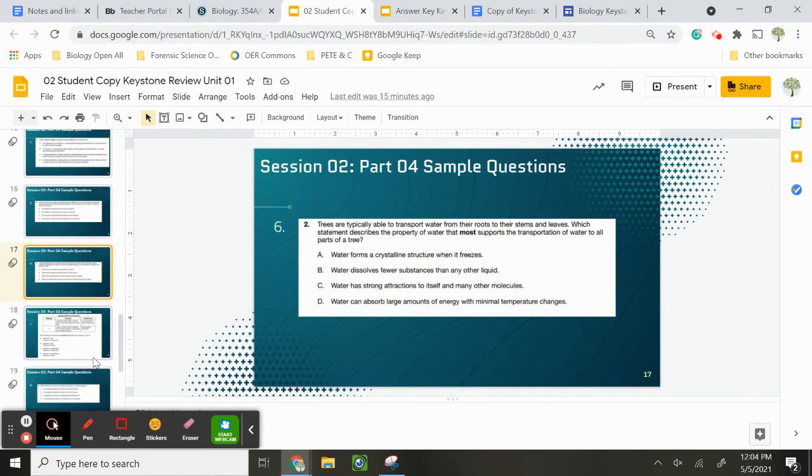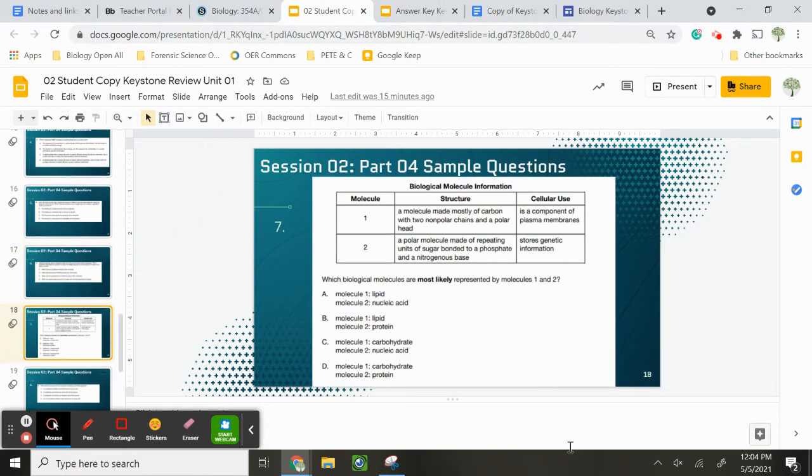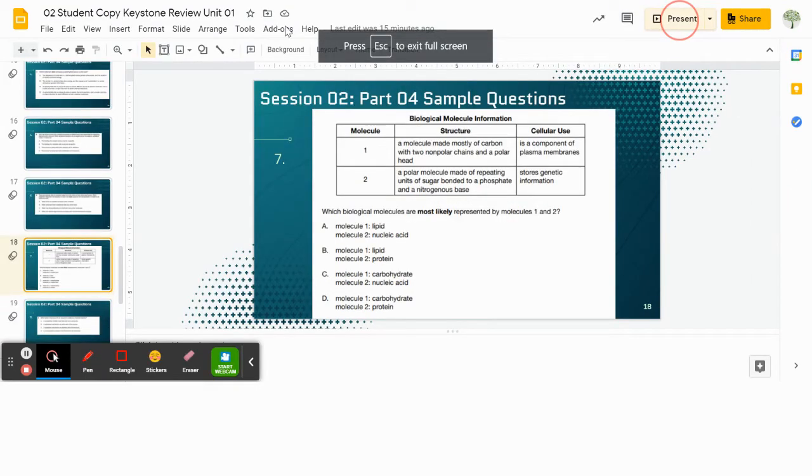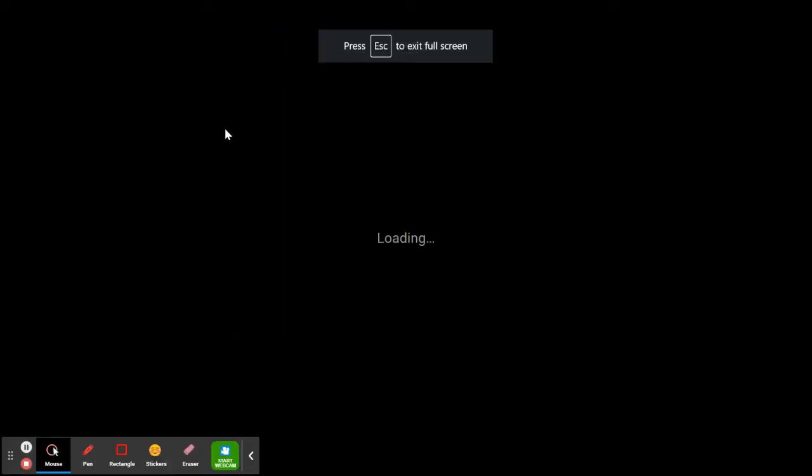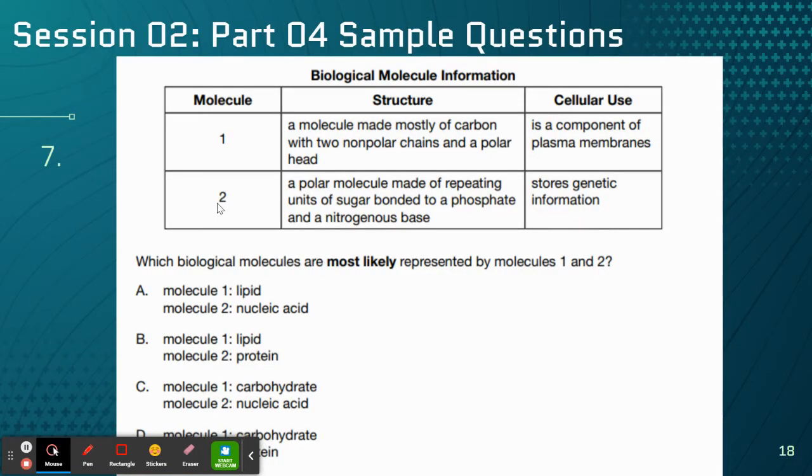7. Which biological molecules are most likely represented by molecules 1 and 2? Molecule number 1 is a molecule made mostly of carbon with 2 nonpolar chains and a polar head.